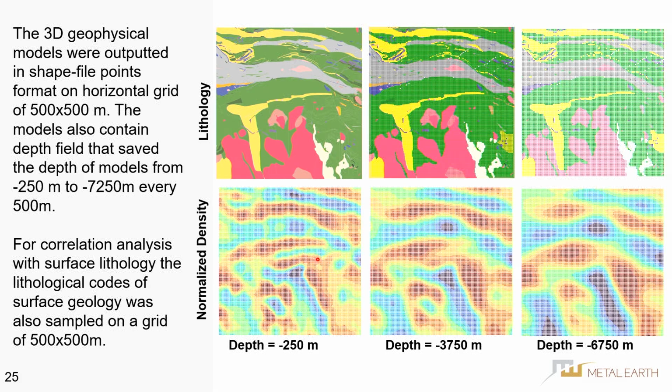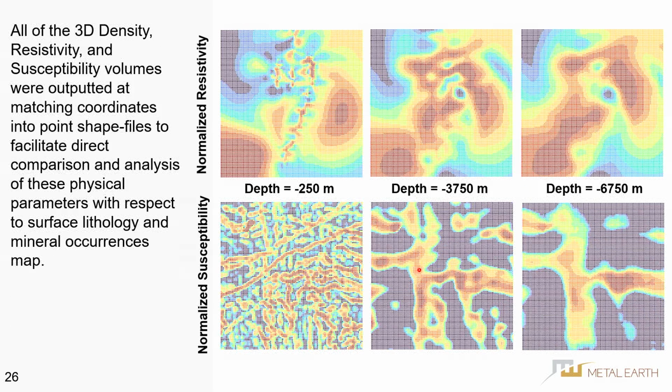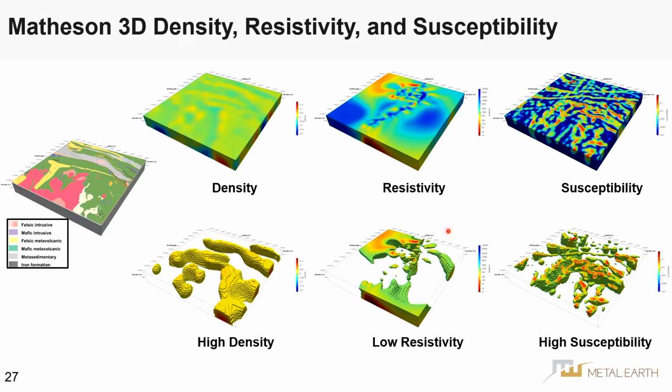And again at every depth, every 500 meters I go down, I'm just showing sample depths here. So at 14 or 15 depth levels, I have all these slices of density, resistivity, and susceptibility. Again, at different depths, I have them all as models. So we have a good, co-located sampling of all these properties.